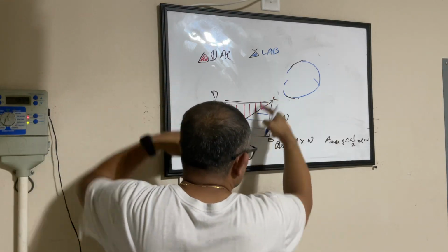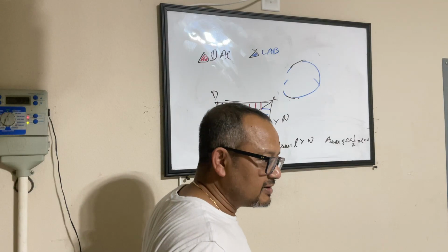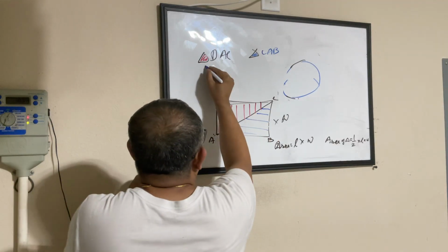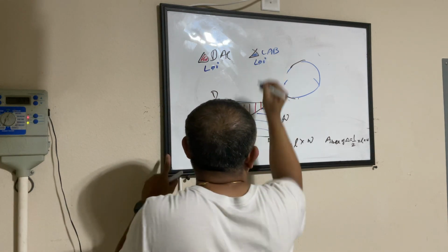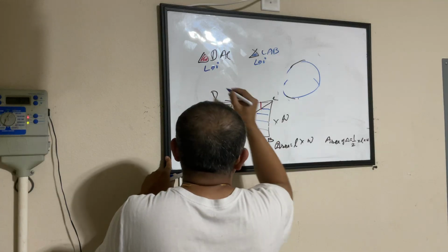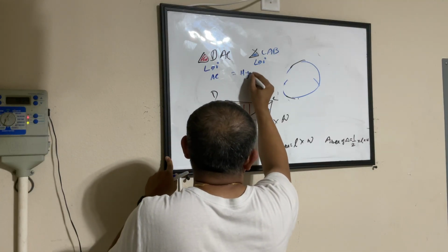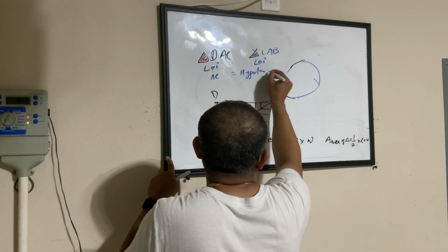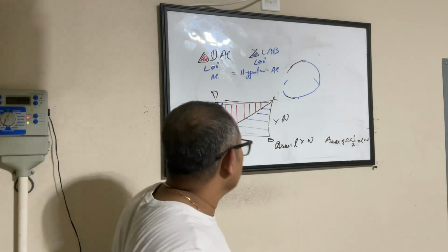The blue triangle is also a right angle triangle, correct? So both are 90-degree triangles. Now, which is the hypotenuse? This diagonal AC. So AC is the hypotenuse for both of them. So that is common.